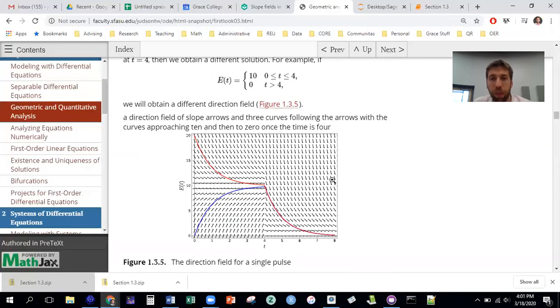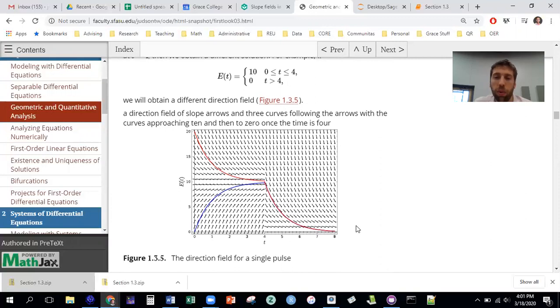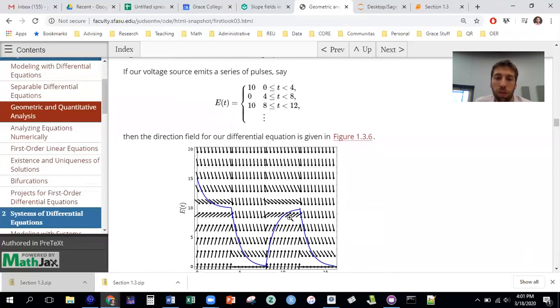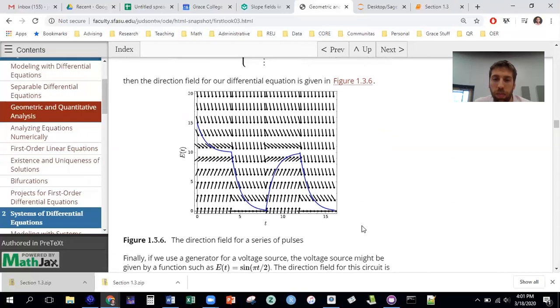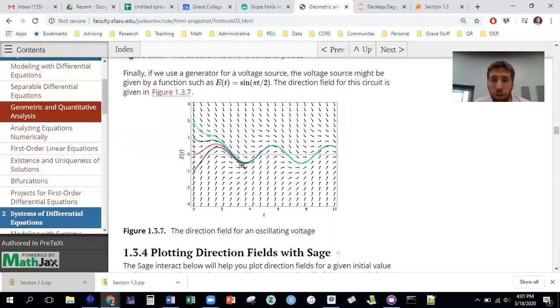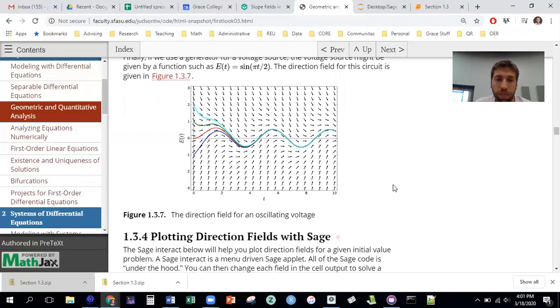It gets more interesting if you have a power source that's plugged in for a while and then not plugged in, or if you have a power source that's turning on and off and on and off. So here it starts high, but it goes down to that level, then it's turned off, turned back on. And then say you have a power source that goes up and down a bit, then it would follow that.